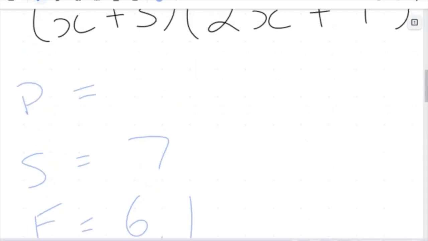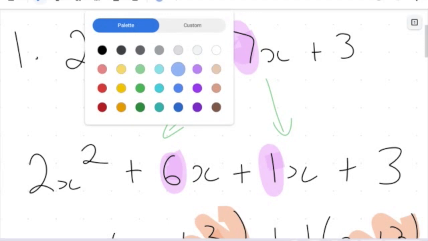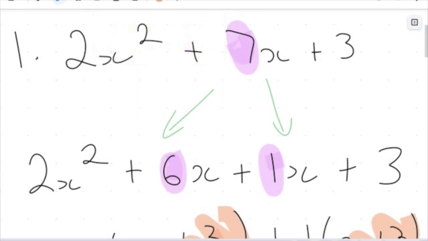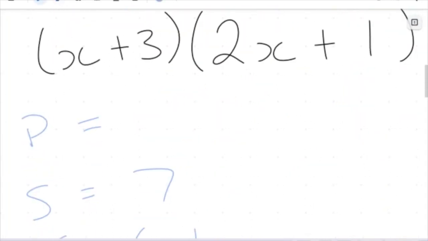And the product here is the same as if I were to multiply 2 by 3. It's the same as the second example that I did. The product was still my coefficient A times the coefficient C, which is 2 times 3, which is 6.